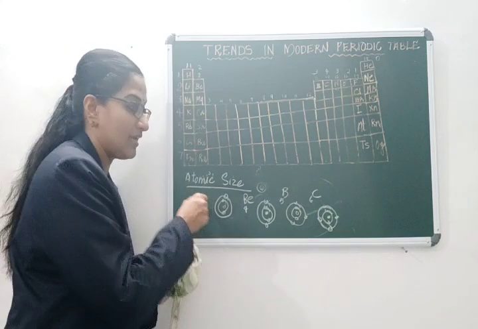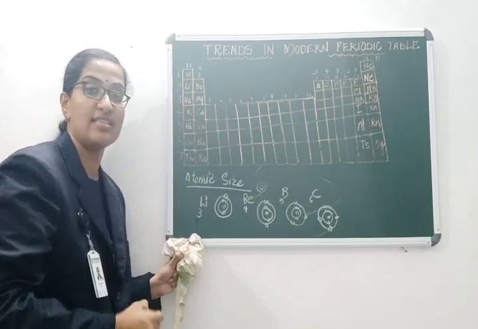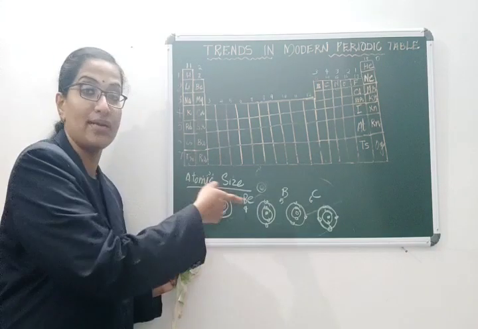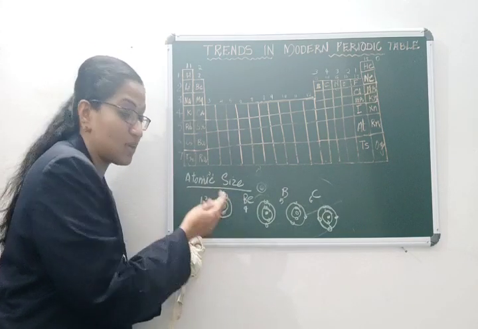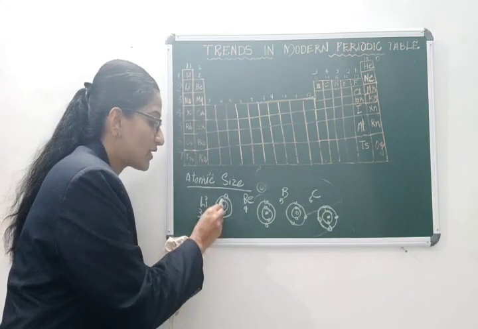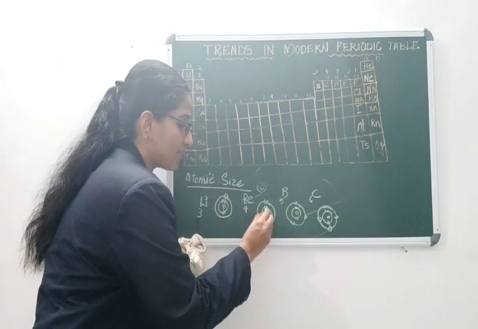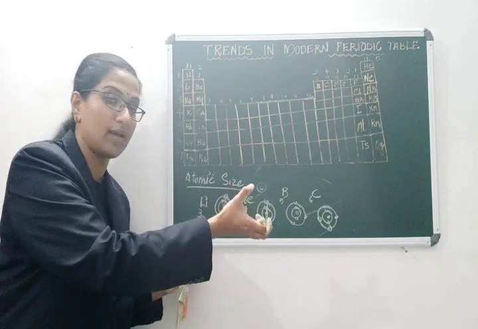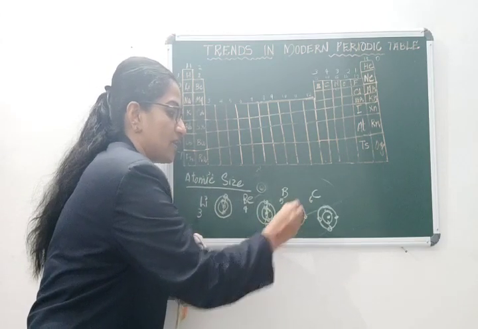So you can say that period wise atomic size decreases, but group wise atomic size increases. Okay, how does it decrease period wise? Because the shells are closer to the nucleus, which means the nucleus can attract every electron. Right? The positively charged nucleus attracts all the electrons present in the nearby shell.